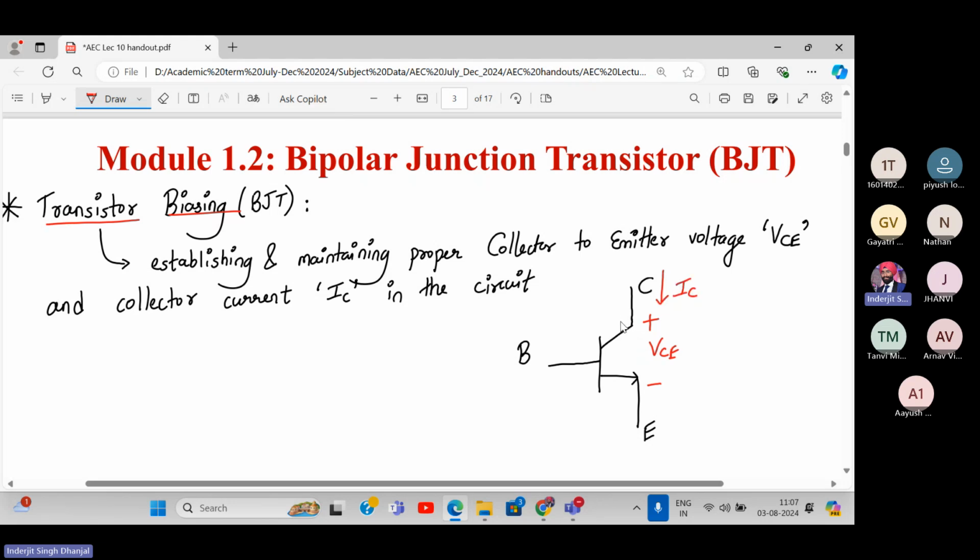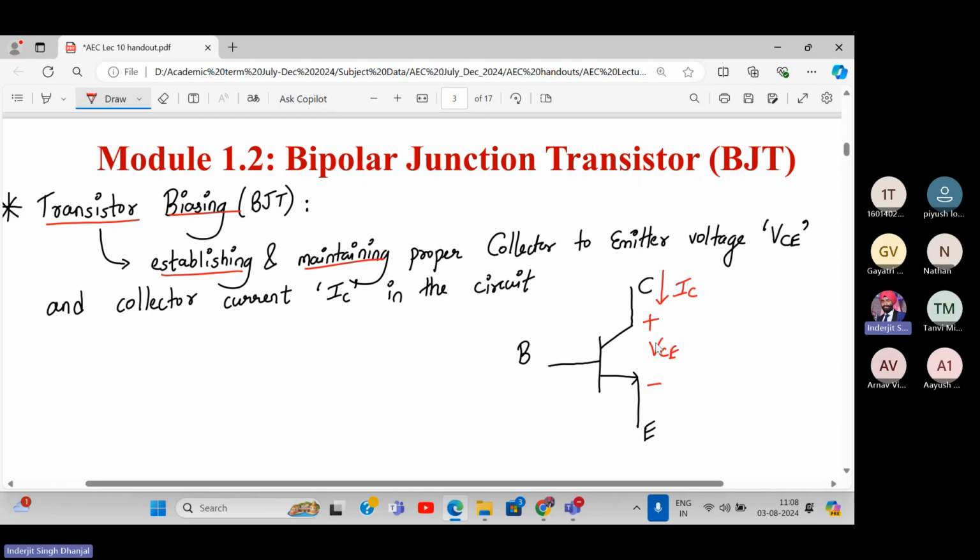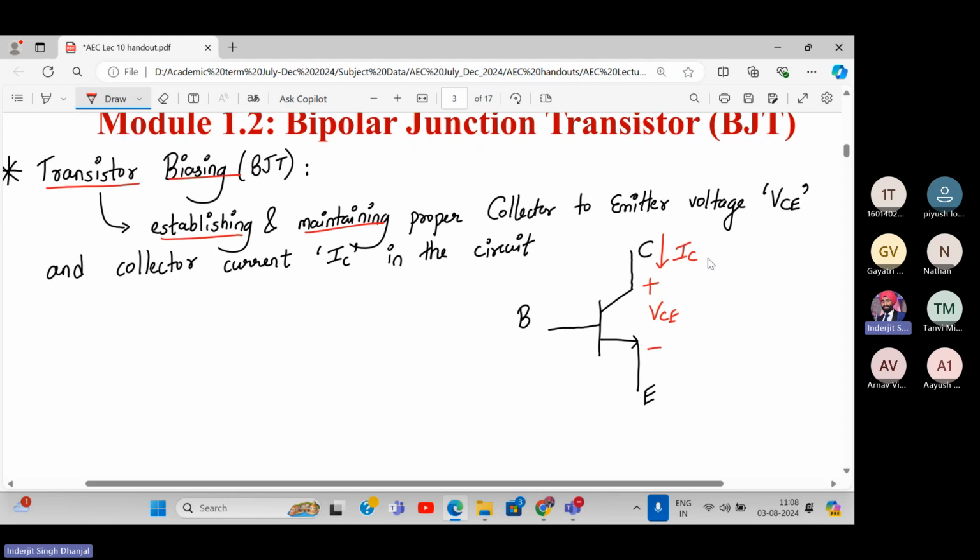All right. So establishing and maintaining. Establishing, first of all, you have to properly give the voltages, establish VCE and IC, and then maintain it, okay, throughout the operation of the circuit. That means these values shouldn't be disturbed. Okay, so this is what you mean by transistor biasing.